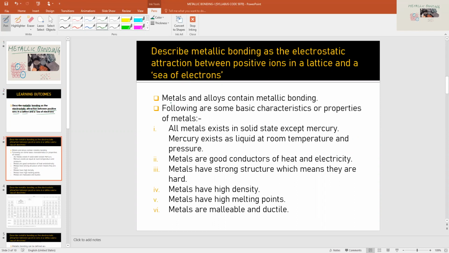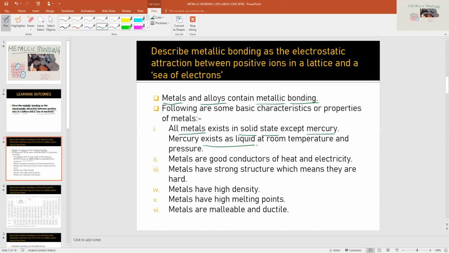Metals and alloys contain metallic bonding. Following are some basic characteristics, properties of metals. All metals exist in solid state except mercury. Mercury exists as a liquid at room temperature and pressure.